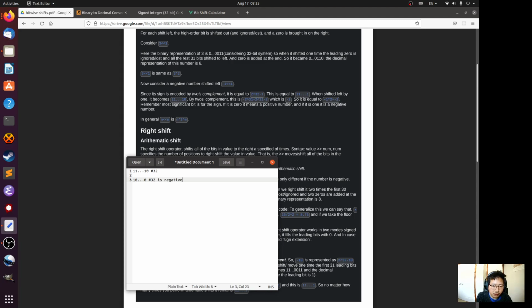Okay, if the leading bit is 0, then the number is positive. So you first get this, and this is negative, and then you get the rest of the digits and you add those together.